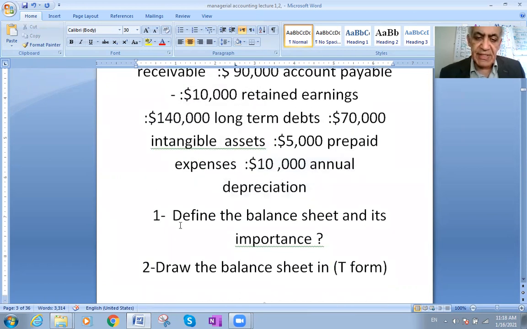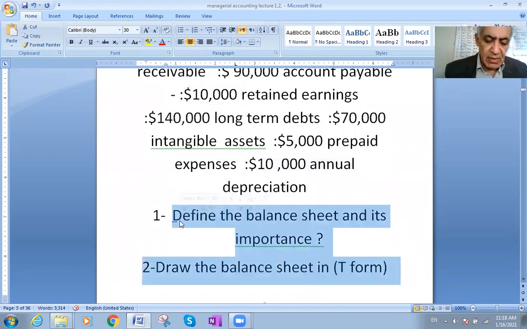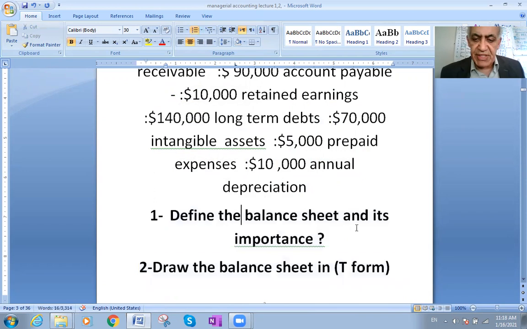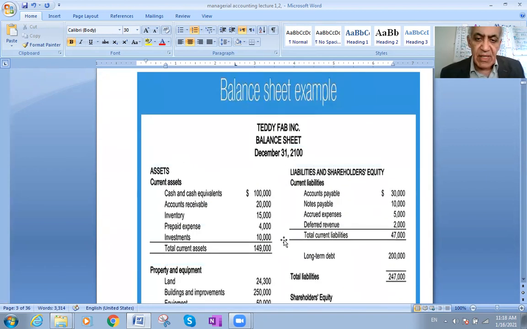So the first question is: define the balance sheet and its importance. Why is it important? The balance sheet, we said, shows the financial situation at a particular moment, especially annually, every one year. For that reason, as an example, you will find it here: the balance sheet on December 31, the last day of the year.